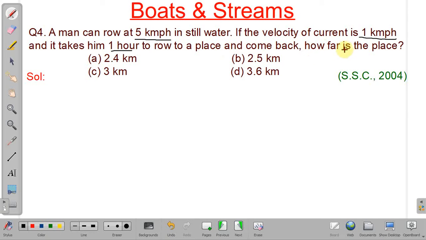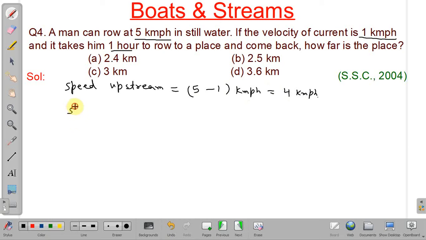Okay. So we can calculate speed in upstream direction and speed in downstream direction. So speed upstream will be speed of the boat in still water minus speed of the current or speed of the stream. So 5 minus 1 kilometer per hour, and it will be equal to 4 kilometer per hour.